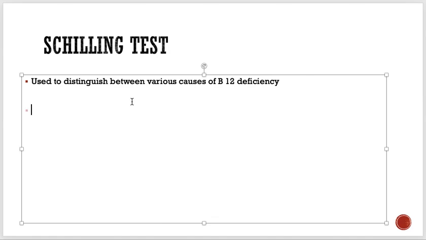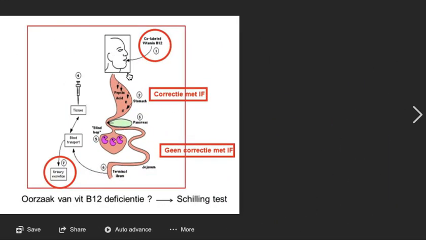Now, what they do: first of all, we give them one dose of intramuscular vitamin B12.